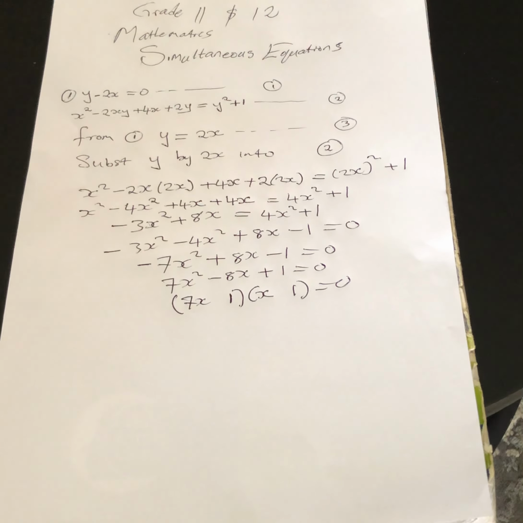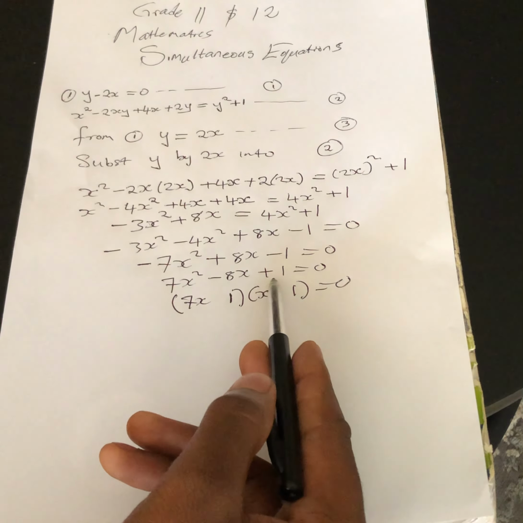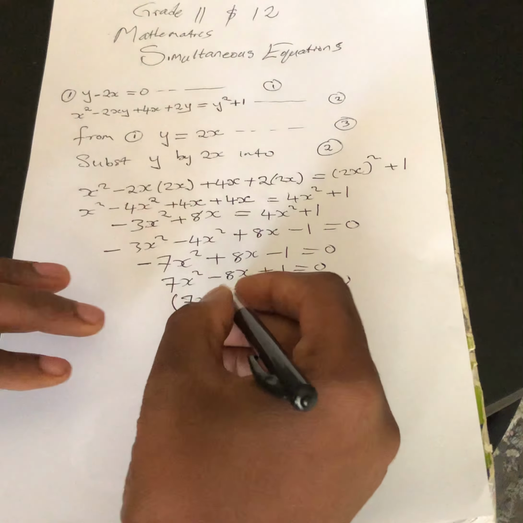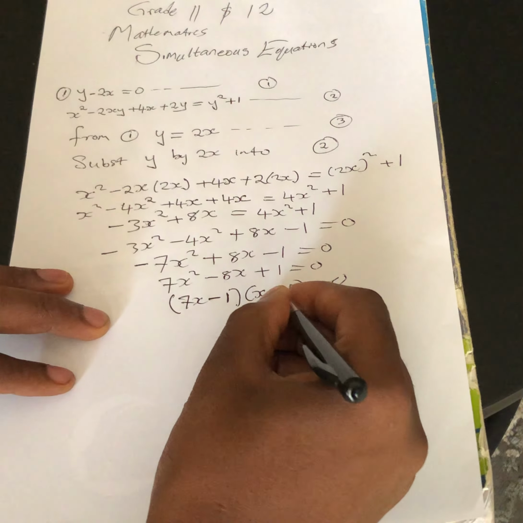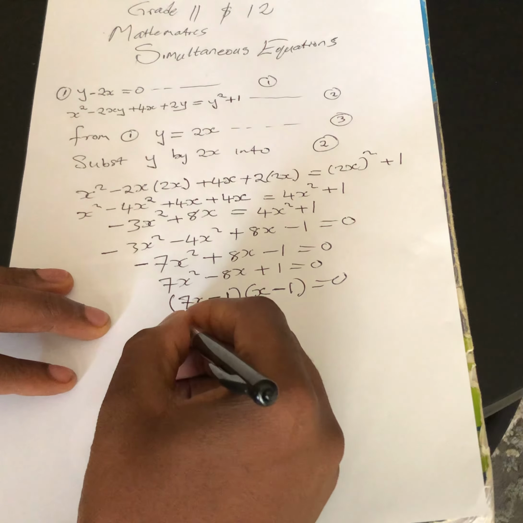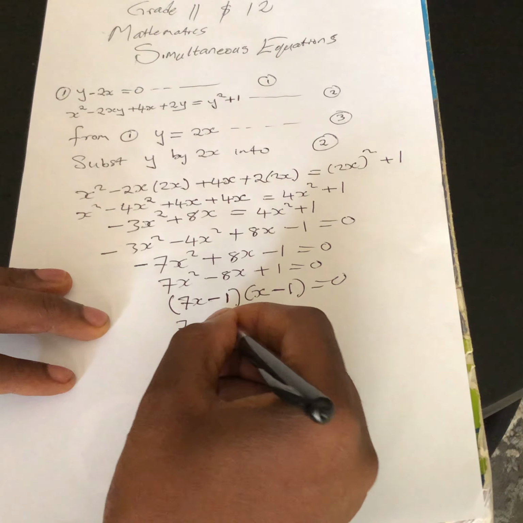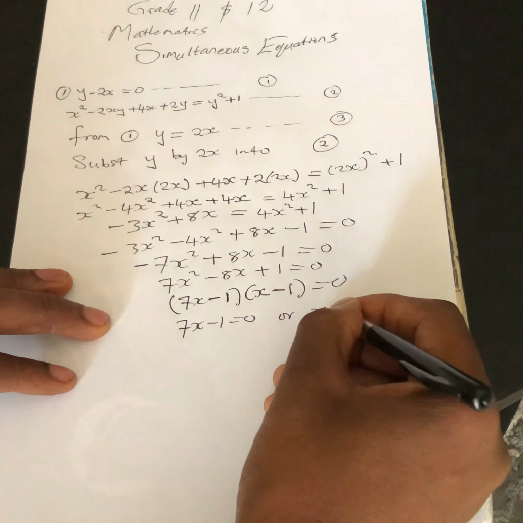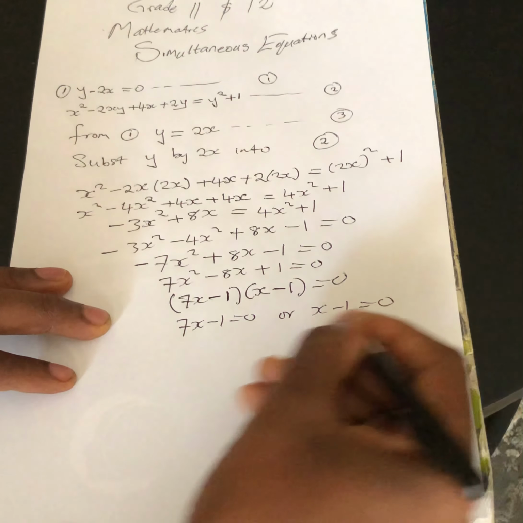And then from there we know that we are having positive here, meaning that we should have the same signs inside the brackets, and the signs must be what? The same as the middle term, meaning that we are going to have negative and negative. And then we equate the first bracket to 0 or the second bracket to 0.